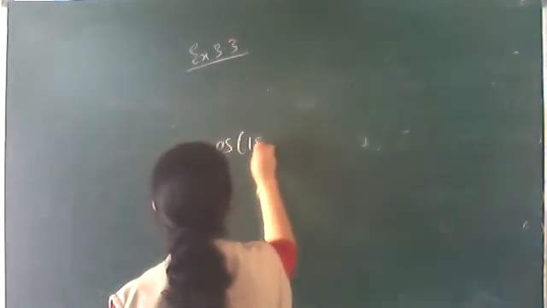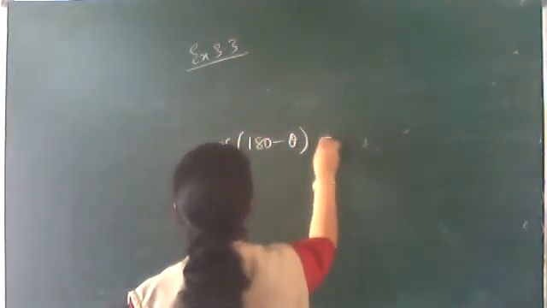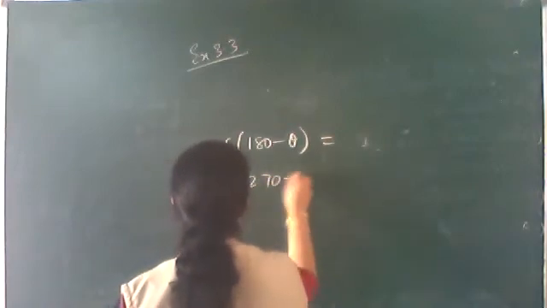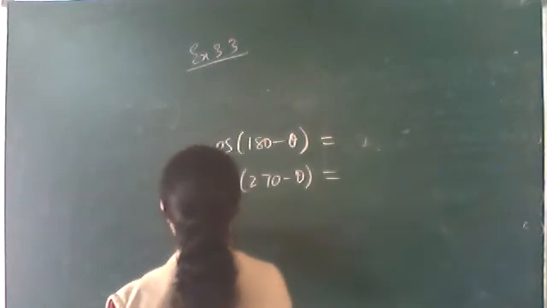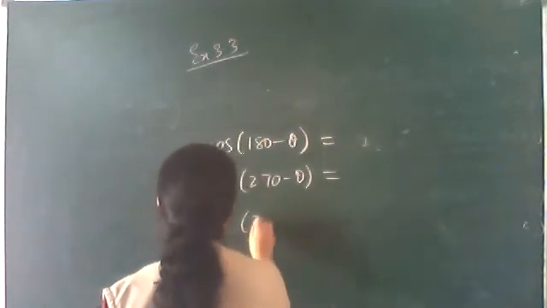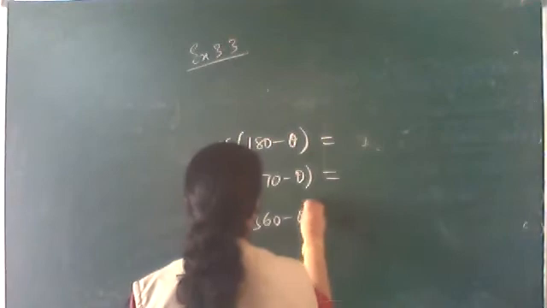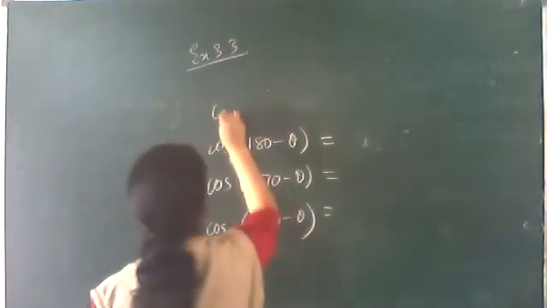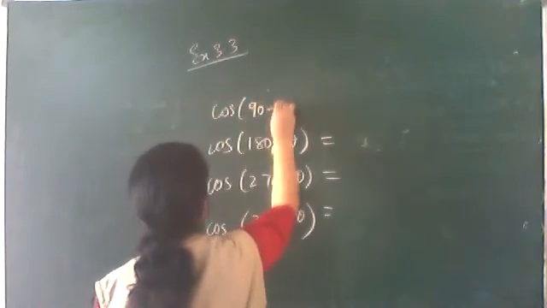First one is cos of 180 minus theta, what it will be, and cos of 270 minus theta. Then cos of 360 minus theta. Same way, cos of 90 minus theta.